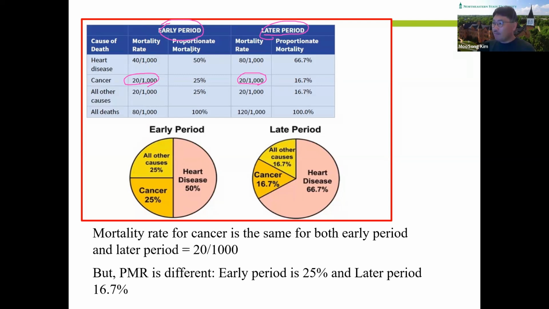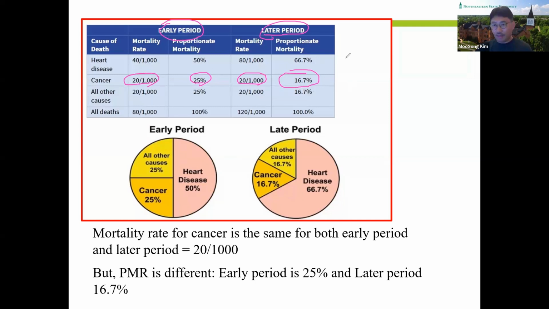But look at the proportionate mortalities. Early period, proportionate mortality rate for cancer, 25, and then later period, 16.7. Mortality rate for cancer is the same for both early period and later period, but proportionate mortality rate is different. Early period is 25% and later period is 16.7.